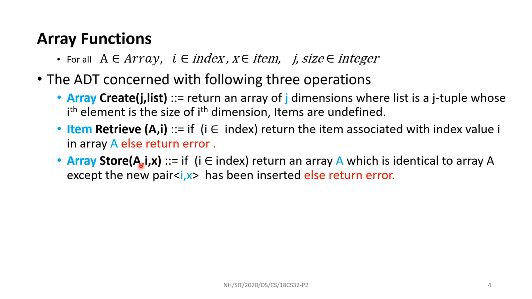When you add an element to the array, the array is getting updated, so you return the array. When you successfully execute this, the function returns array A, which is the modified version compared to the previous version.